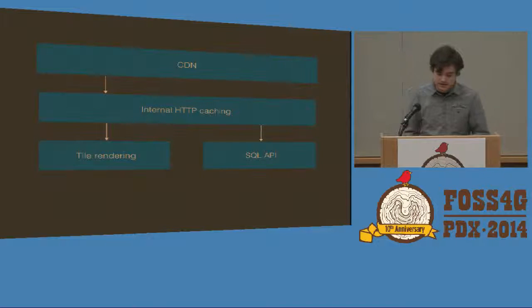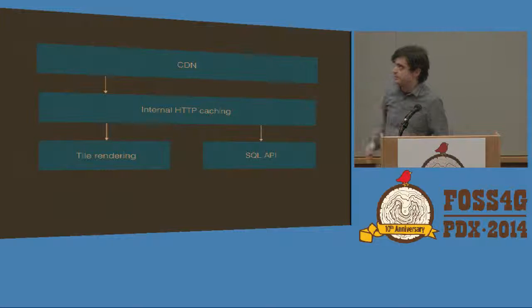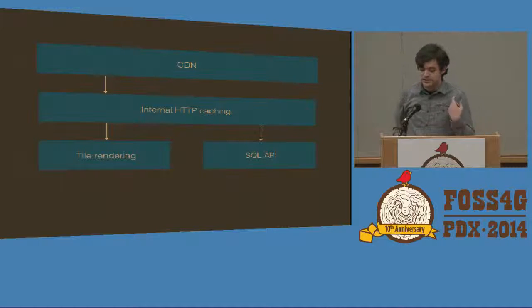One of those is some internal HTTP caching we run on top of Varnish, and then a CDN caching using Fastly, actually, on hundreds of points of presence around the world that we have closely monitored.